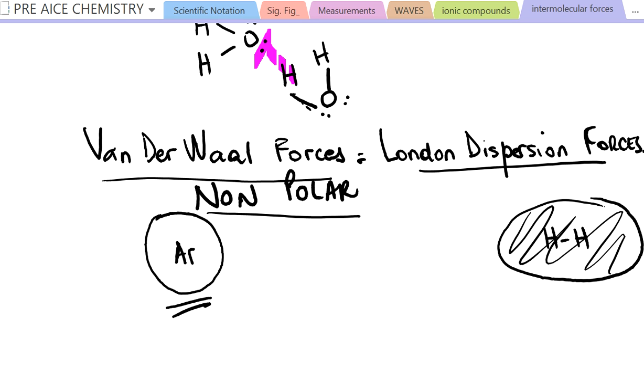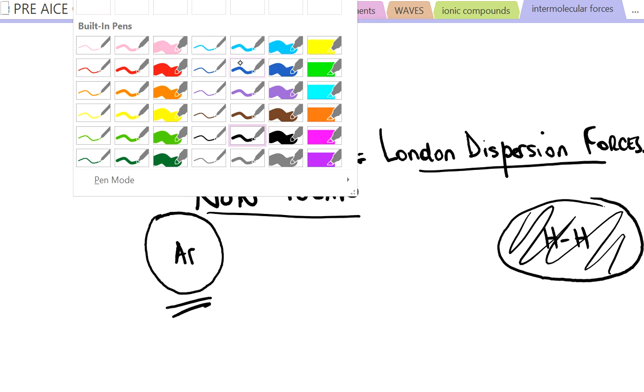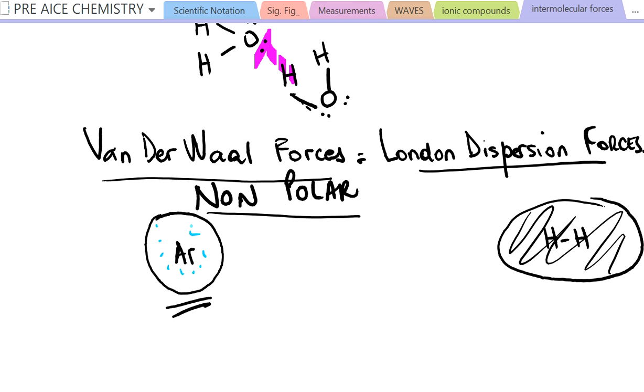so we are talking about molecules that are non-polar. What happens is that these electrons that are floating around the argon are not moving in a circle. They are not moving at the same speed. They are not following any path or pattern that we can follow. The problem is that sometimes and temporarily, like a millisecond, some of the electrons are going to be located more on the left of the molecule, or in this case of the atom.